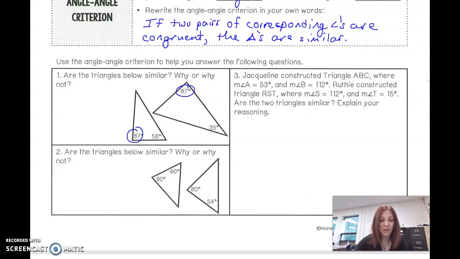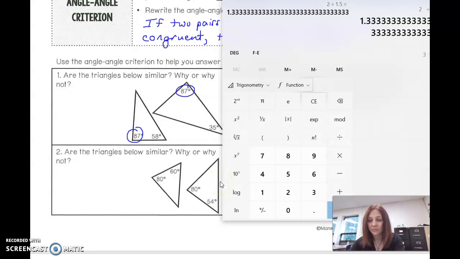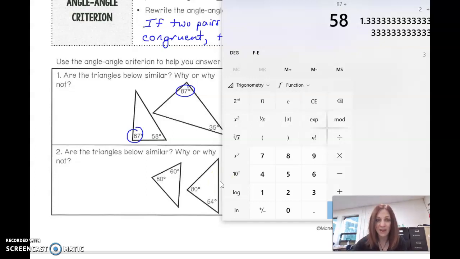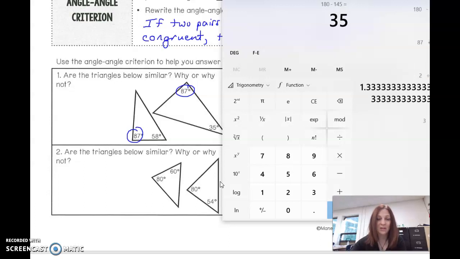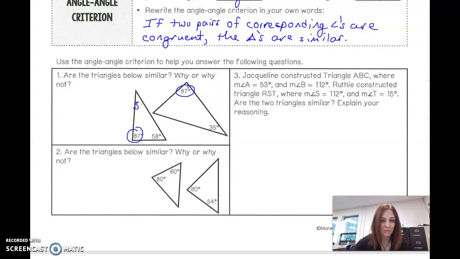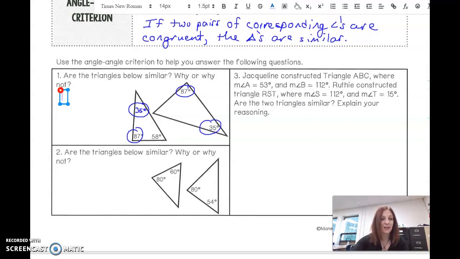Sure. 87 plus 58 is 145. 180 minus 145 is 35. Now look here. Now do we have two pairs the same? We do.